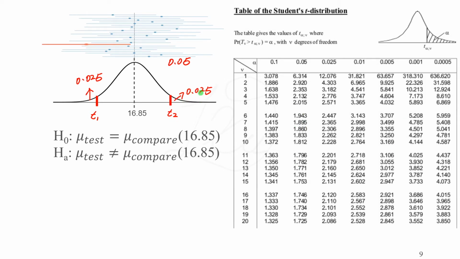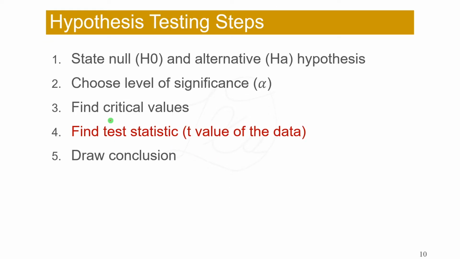The area is 0.025 here. And we have 10 samples, so the degree of freedom is 9. We look at here, and we get the t value of 2.262. Because the t distribution curve is centered at 0, the t value on the left is negative 2.262.